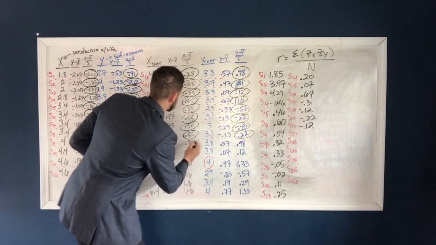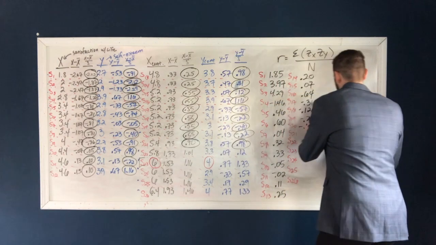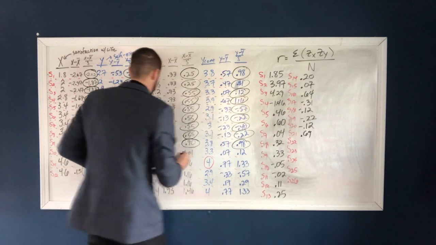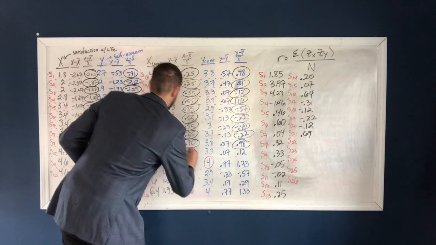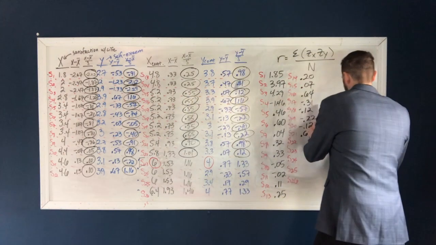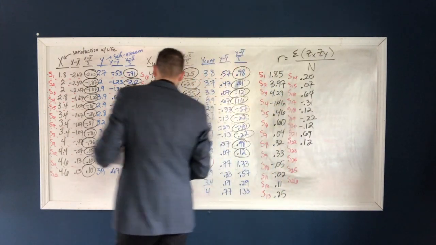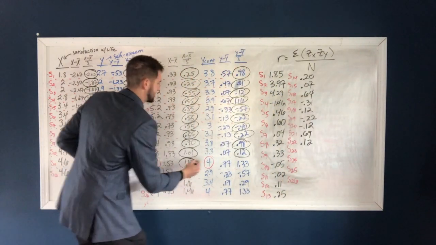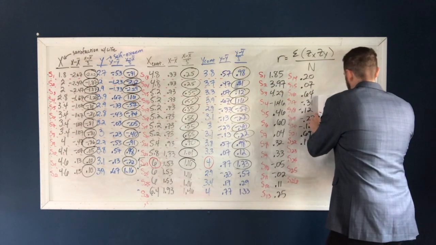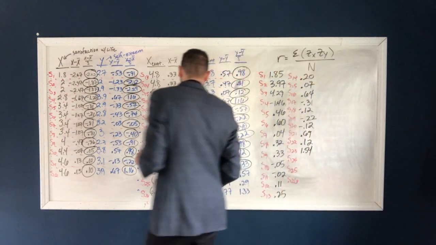Okay, so subject 21, 0.7 multiplied by 0.98, is 0.69. Subject 22 is 1.01 multiplied by 0.12. It's going to give us about 0.12. Subject 23, 1.16 multiplied by 1.33, is going to give us 1.54.